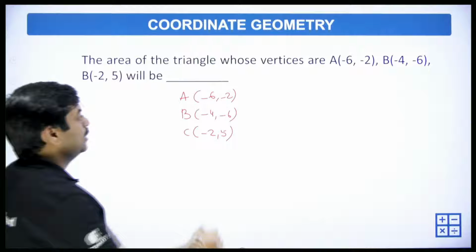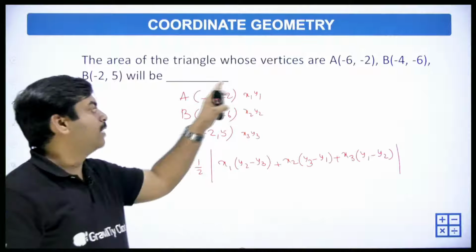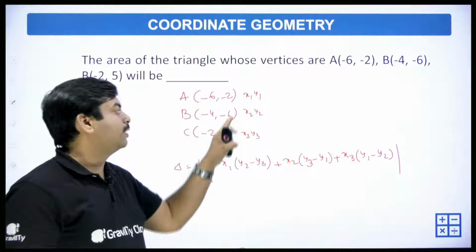So area is equal to half mod of x1 times (y2 minus y3) plus x2 times (y3 minus y1) plus x3 times (y1 minus y2). So this is how you can try to proceed, right? Using all these values, just keep substituting here and you can find the answer. So please do it yourself.